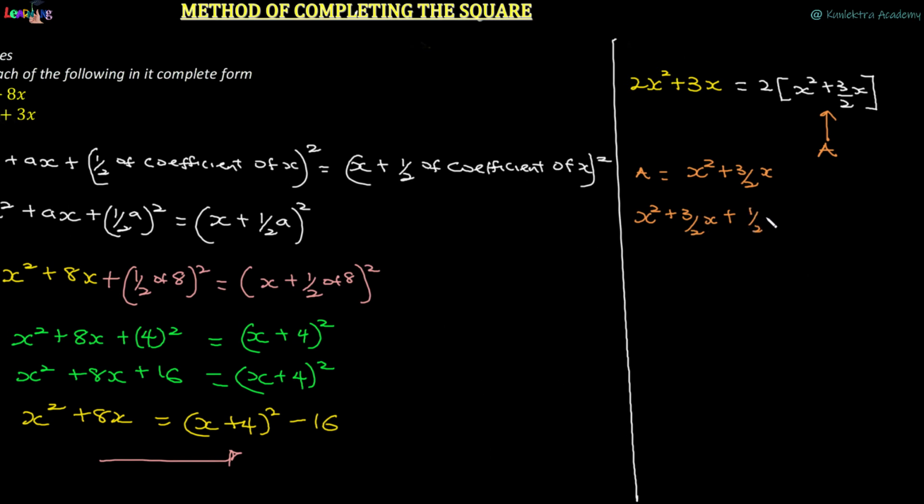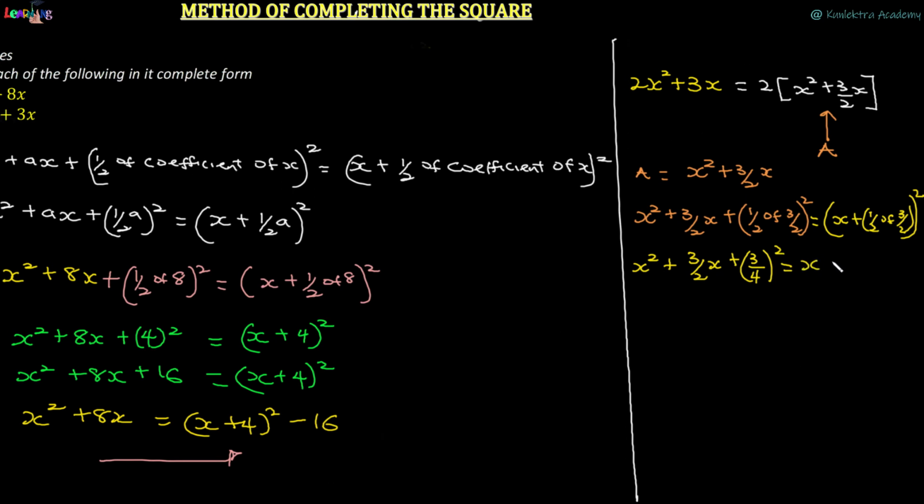That is half of 3 over 2 all squared, which will be equal to x plus half of 3 over 2, half of 3 over 2, and this will be all squared. Now, you have your function to be x squared plus 3 over 2 x plus 3 over 4 all squared.